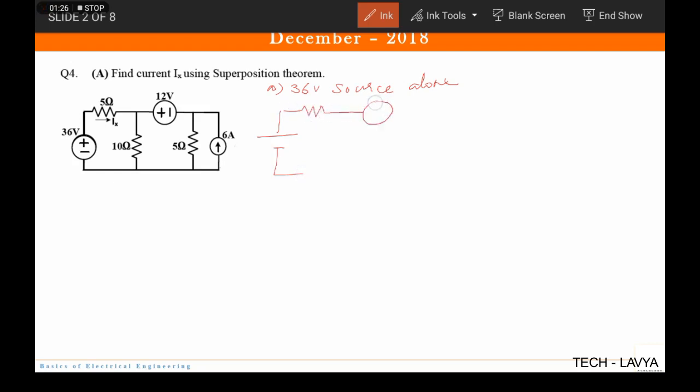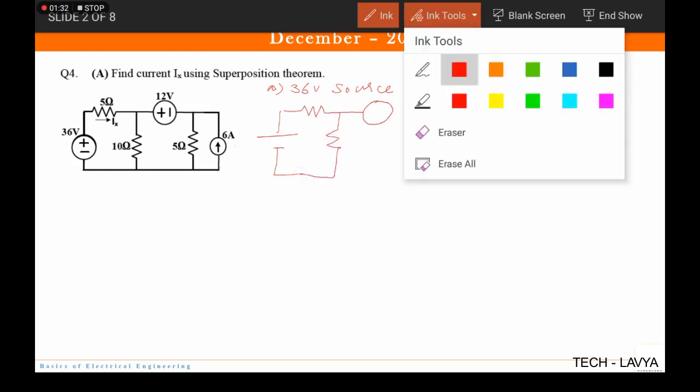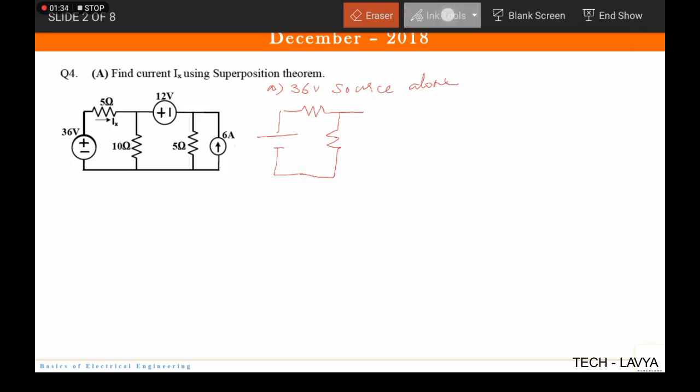The other voltage source has to be replaced by a short circuit. Then we have a 5 ohm resistor, and the current source will be open circuited, so we do not have anything there. So this is 5 ohm, 10 ohm, and again this is a 5 ohm resistor.